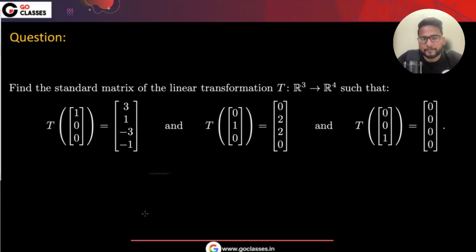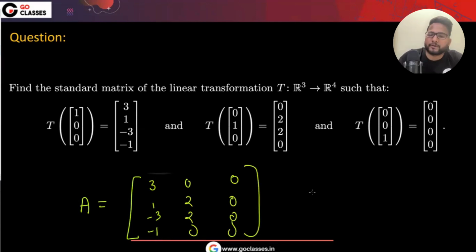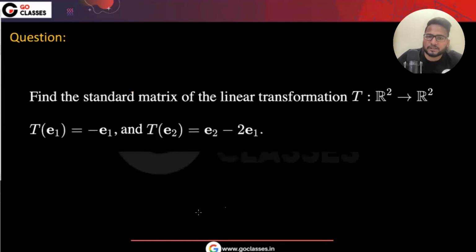Tell me. Yes, this RHS is the standard matrix, right? Okay, 3, 1, minus 3, minus 1, and 0, 2, 2, 0, and 0, 0, 0, 0, right? This is the standard matrix. Okay, let's just find out this quickly.